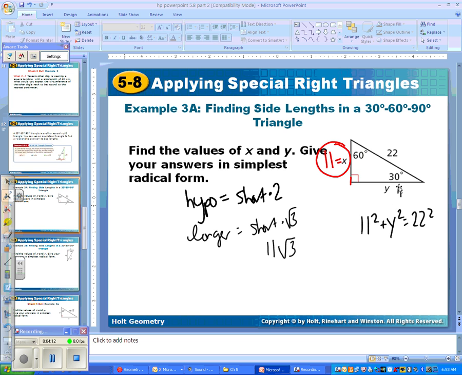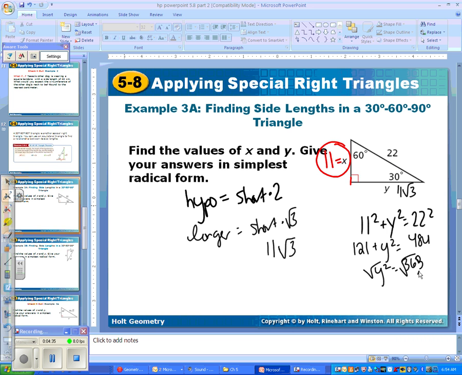And you're done. And if you don't believe me, that's totally fine. We could do Pythagorean theorem and figure it out. So 121 plus y squared equals whatever 22 squared is, 484. And then you're going to have to subtract, and we get 363. And then we're going to have to do the factor tree.